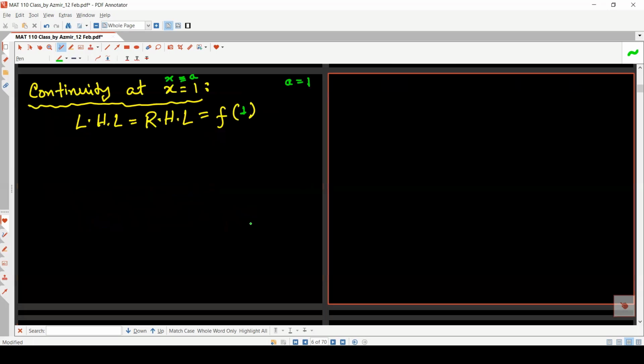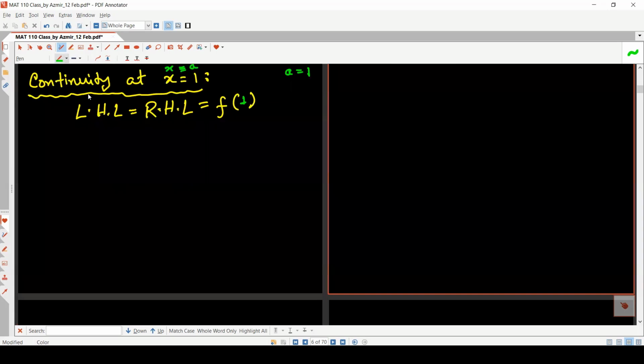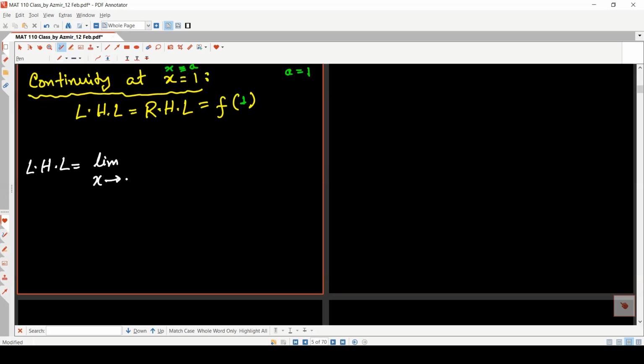So at first, let's find the left-hand limit. Limit x tends to 1 minus. Similarly, we have the right-hand limit. Limit x tends to 1 plus, because we are checking continuity at x equals 1.